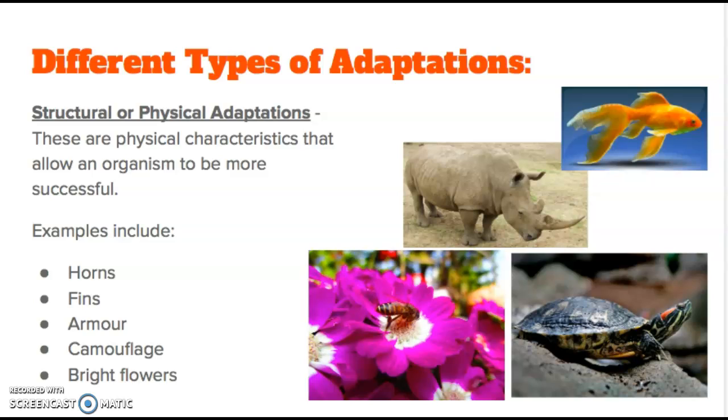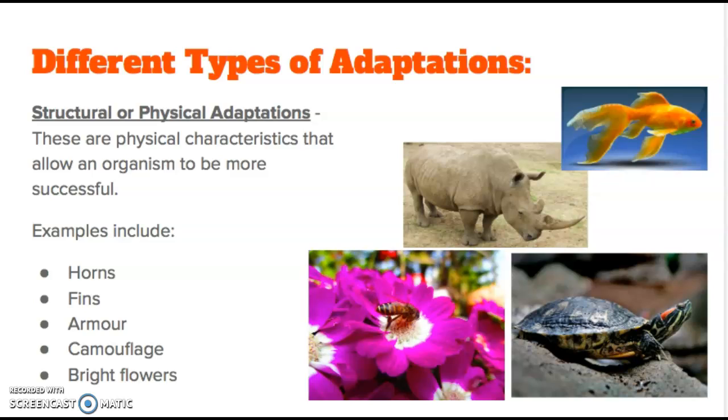Bright colors are another physical adaptation that can be really, really good. When we're talking about flowers, the brightly colored flowers can attract the pollinators, which ensures that the flowers will keep reproducing.